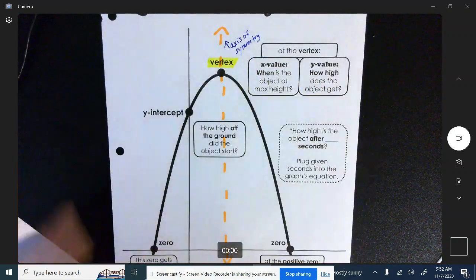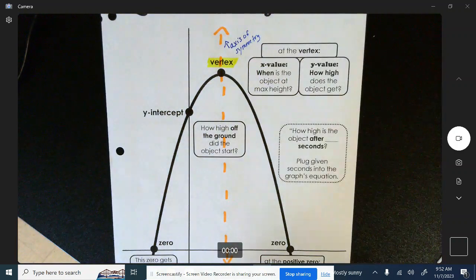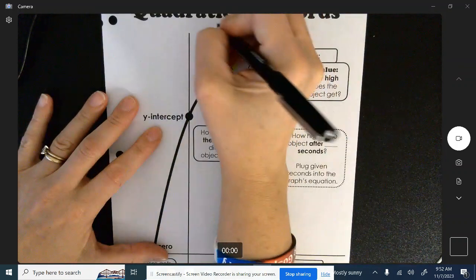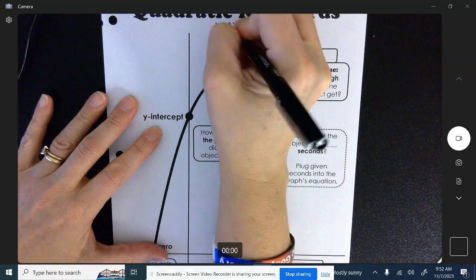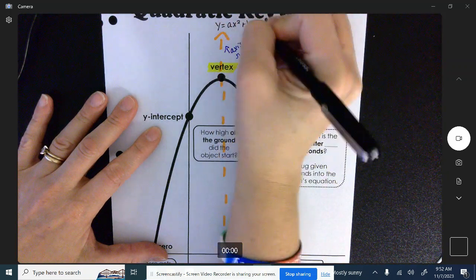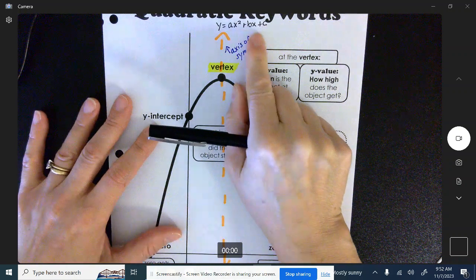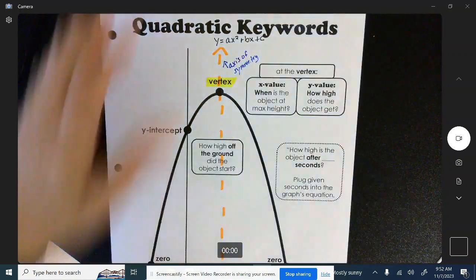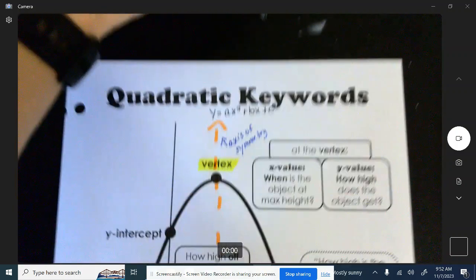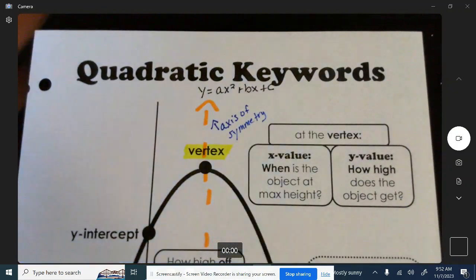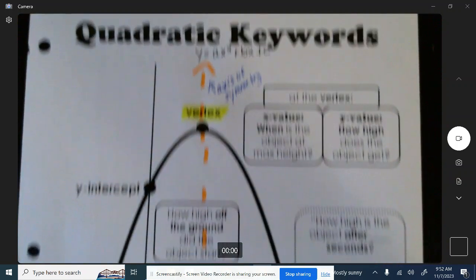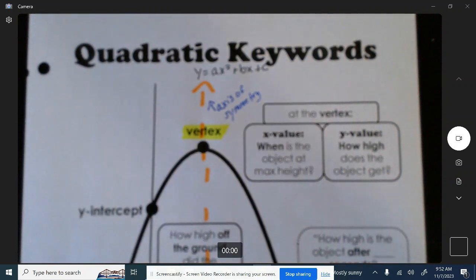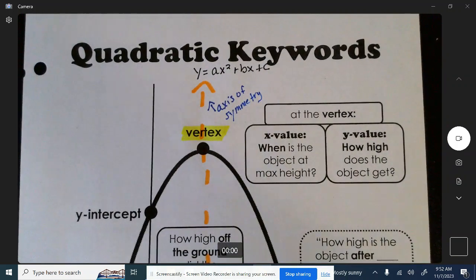Now, the standard form for a quadratic function is y equals ax squared plus bx plus c, where a, b, and c are numbers. Let me zoom in so you can see the paper a little better.